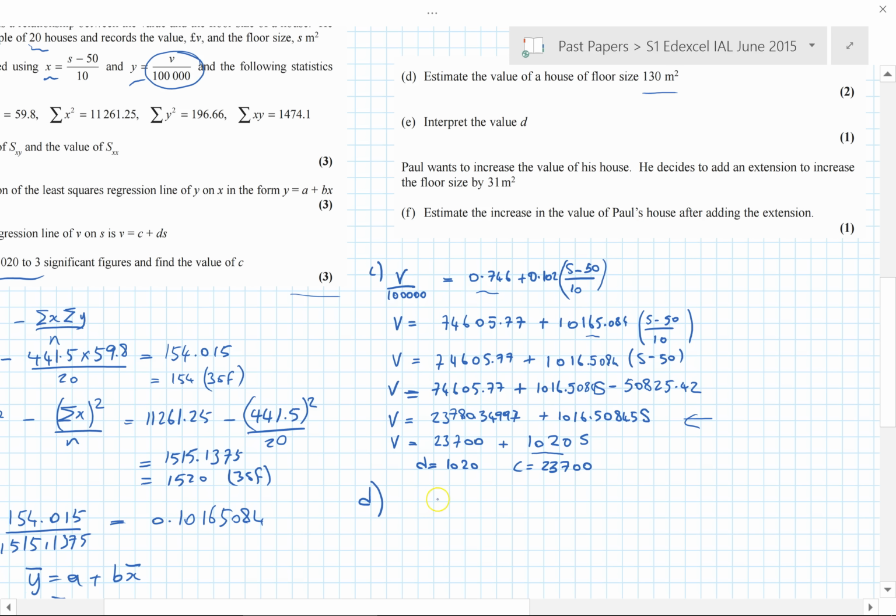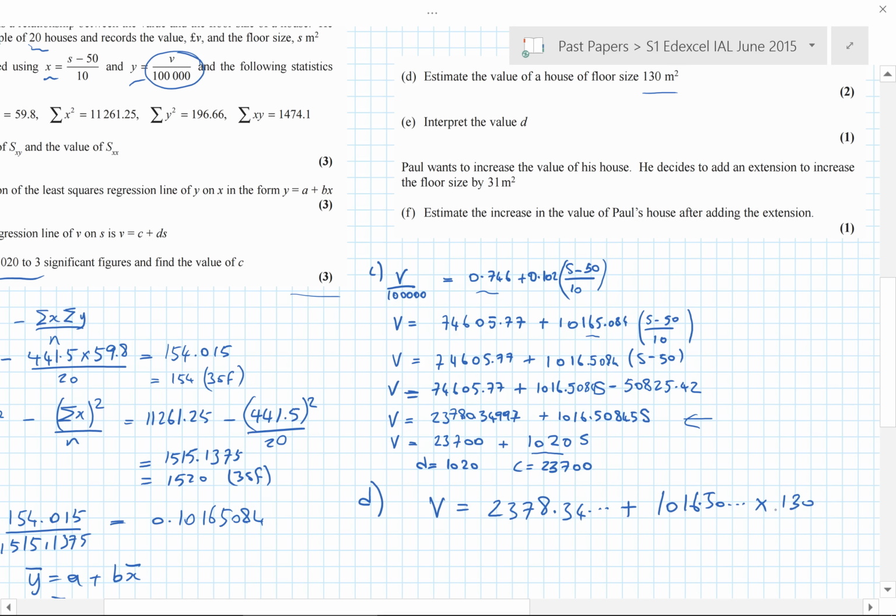So estimate the value of the house. The value is equal to 23780.34 and so on, plus 1016.50 dot dot dot, I think that's enough, times 130.